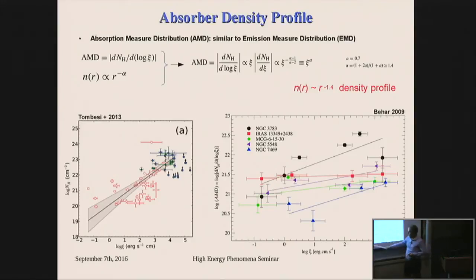Recently, Tombesi studied around 35 AGN, and he found that this index is roughly about 1.4. And here blue are ultra-fast outflows, and red are warm absorbers. So the warm absorber usually has a speed less than 10,000, and the ultra-fast outflow has a speed of more than 10,000 kilometers per second.